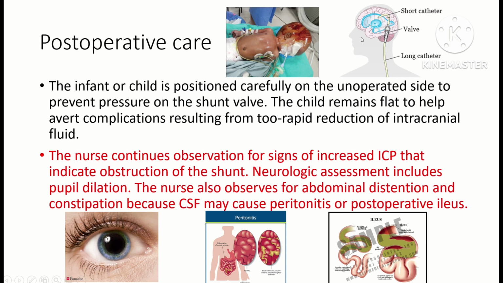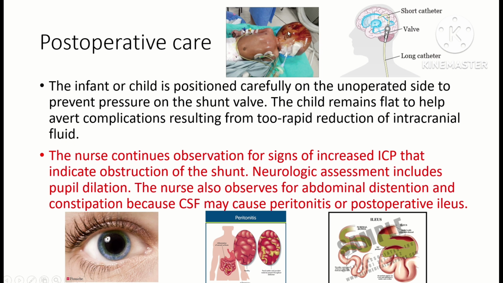flow faster. So if this child was operated on the right side, the infant must turn to the left side down, the right side up, like this picture, where he or she has been operated in this area.